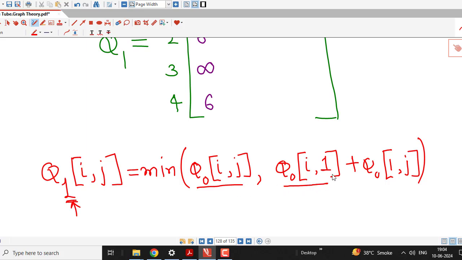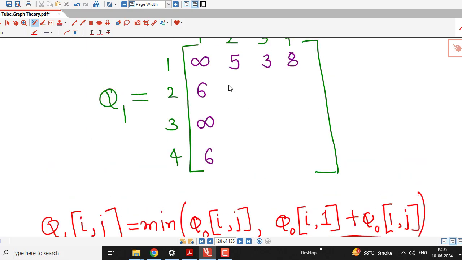Here I am inserting 1 in between, since I am writing Q1. So I have to write the I1th entry of Q0 and the 1jth entry of Q0 and their sum. So here I will have two numbers, and the minimum of those two numbers will give me the ijth entry of Q1.